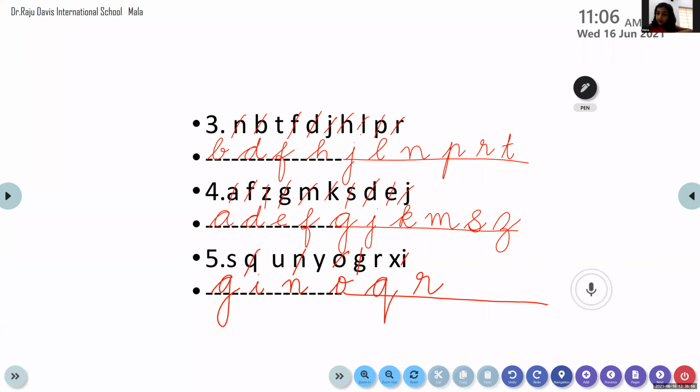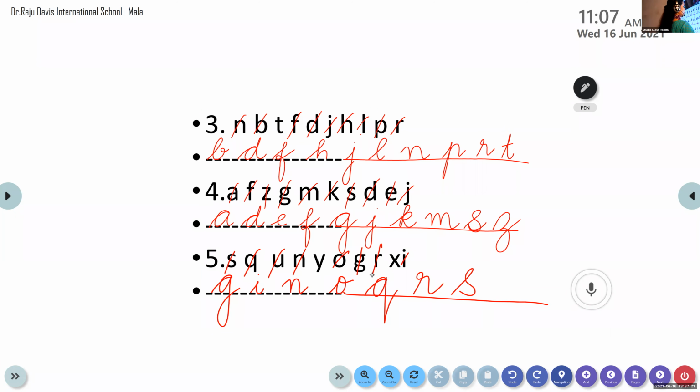Yes. P, Q, R, S. Then T is not there. R, S, T. Then which is the next letter? U. Yes. U.